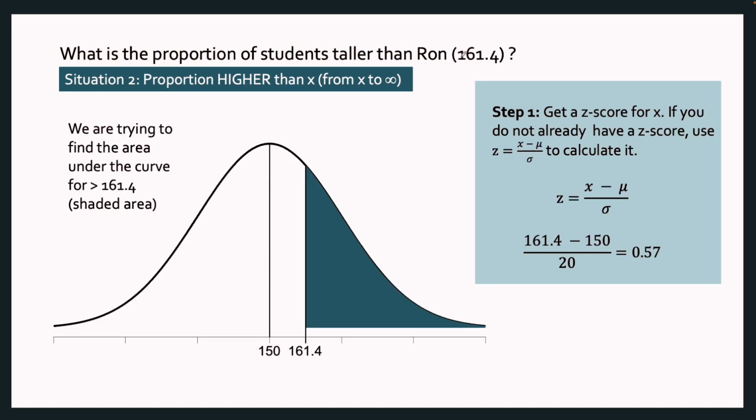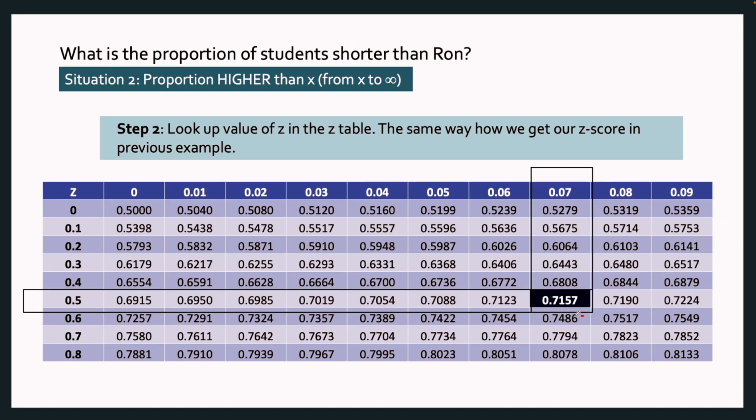And now we want to find the proportion of students taller than Ron, meaning to say it's not from this side, but we want to investigate this side. So if you calculate the z-score for this, you will also get the same figure. From this figure, if you look at the z table, you will also get the same because your x is the same.